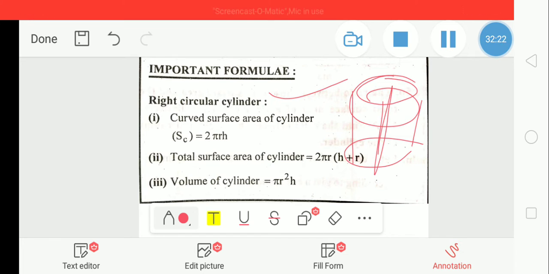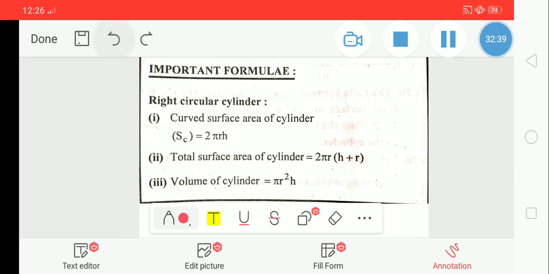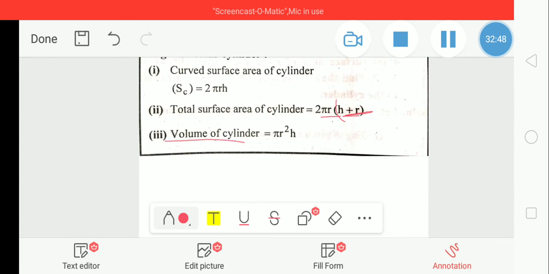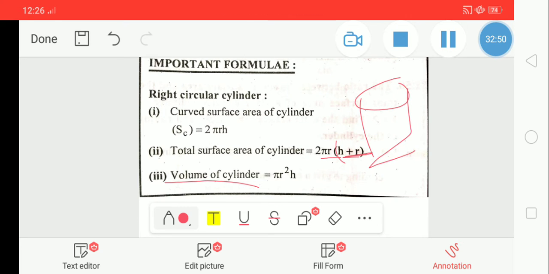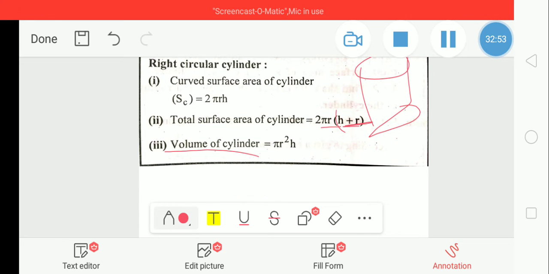So curved surface area of cylinder is 2 pi r h, and total surface area of a cylinder is 2 pi r h plus r, 2 pi r multiplied by h plus r. And volume of a cylinder is pi r square multiplied by height h. They give volume of that cylinder.